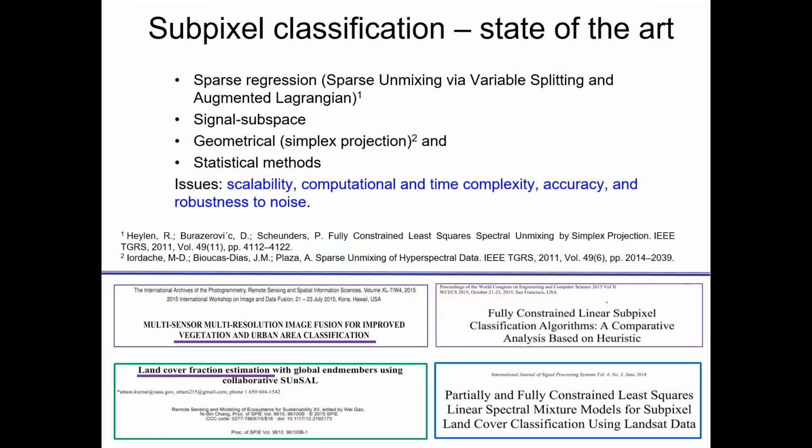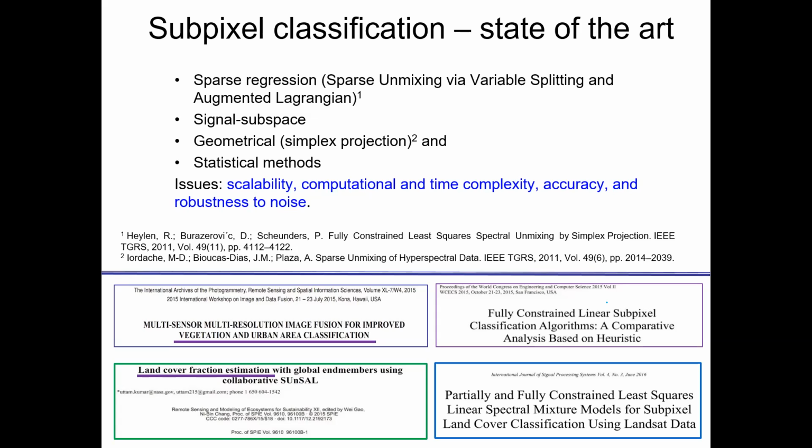Now I will come back to the topic of unmixing a mixed pixel, which I had left some time back. Recently, we wanted to deploy this particular technique on bigger data sets, moving away from smaller data sets. So the issues of scalability, computational and time complexity, accuracy, and how robust the algorithm would be to noise were very important.